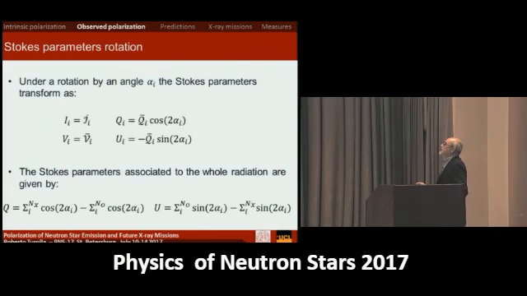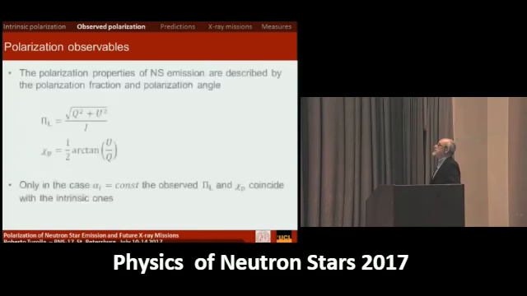So starting from this expression, one can derive very easily the total Q and the total U for radiation emitted in different points along the star surface. And of course, it depends on alpha, and alpha will change according to the different positions on the neutron star surface or close to the neutron star surface.